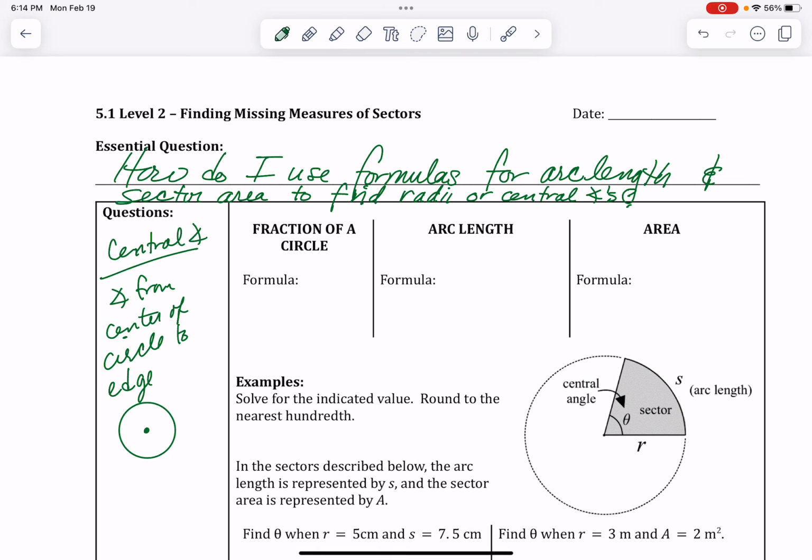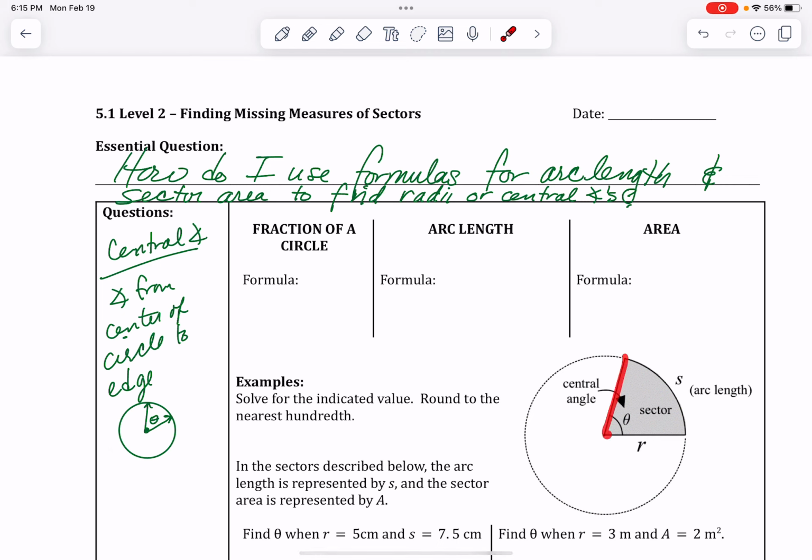There's a circle, that's a common symbol for a circle, and a central angle goes to the edge. This theta is a central angle because it goes from the center of the circle, as you can see demonstrated here.